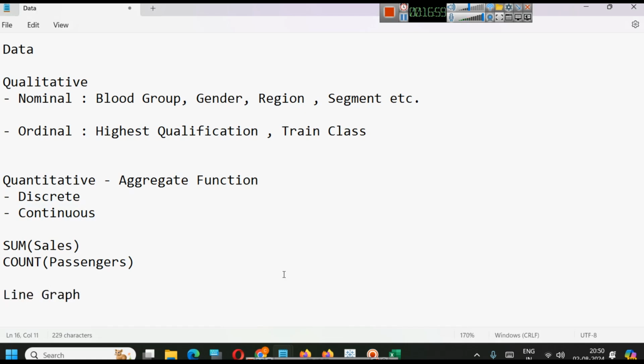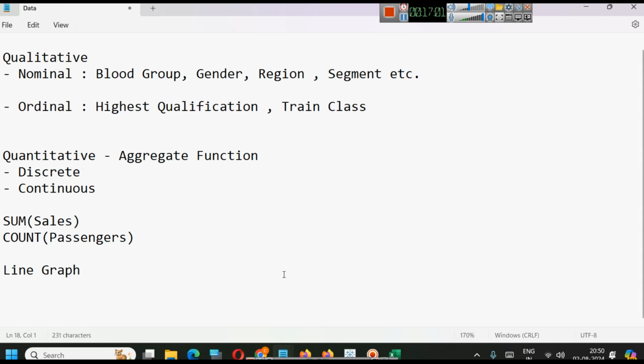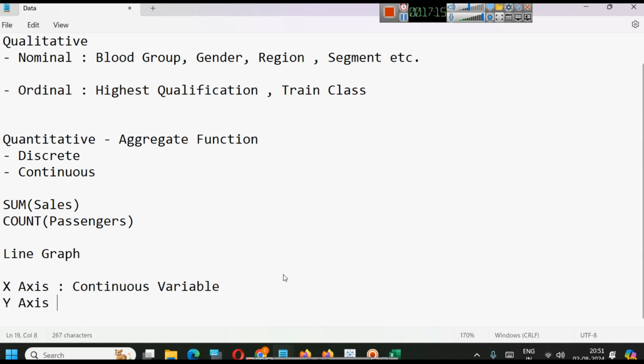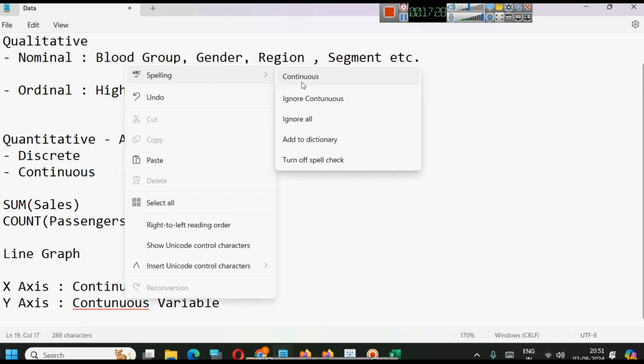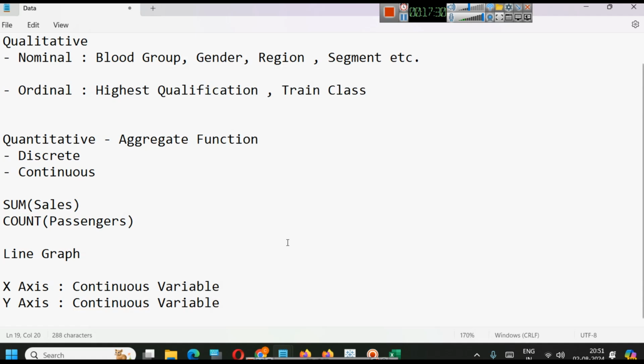The most ideal condition to create a line graph is on the x-axis we have a continuous variable, and on the y-axis also we have a continuous numerical variable. Both on the x-axis and y-axis we have a continuous variable.